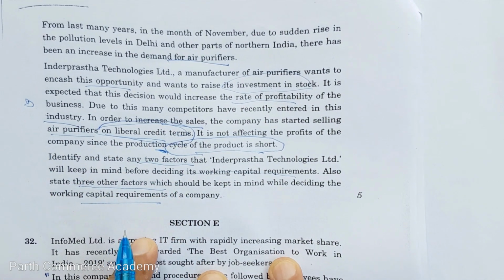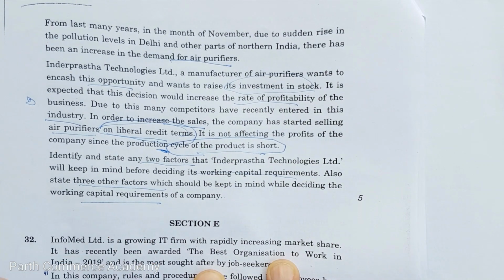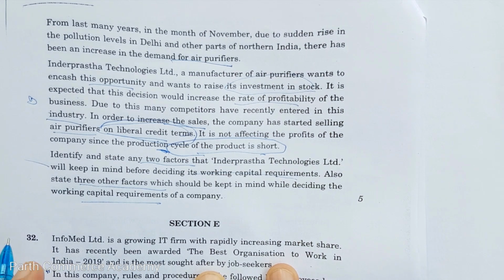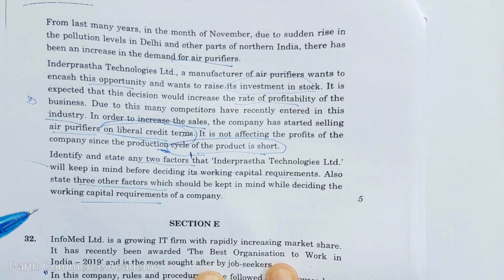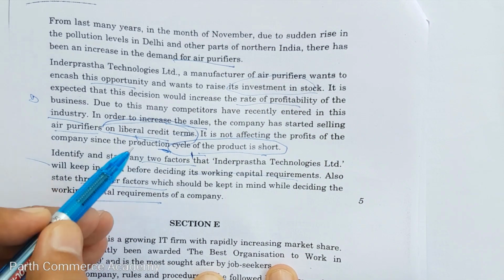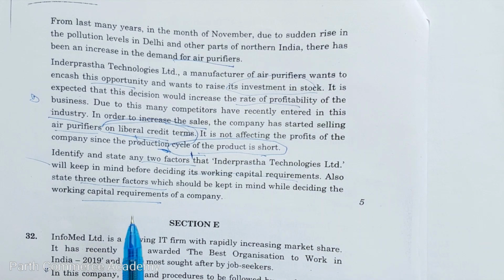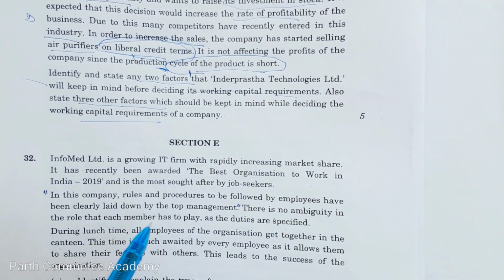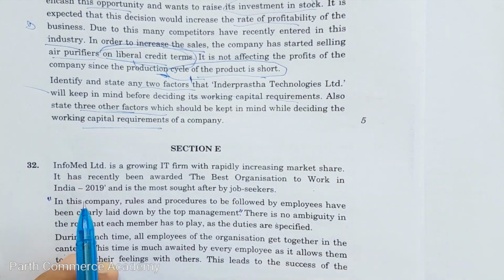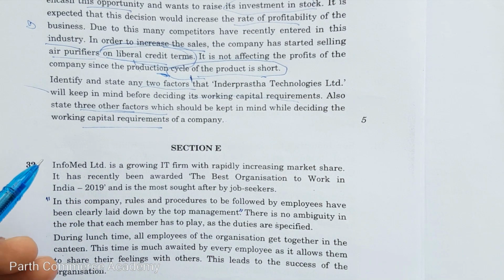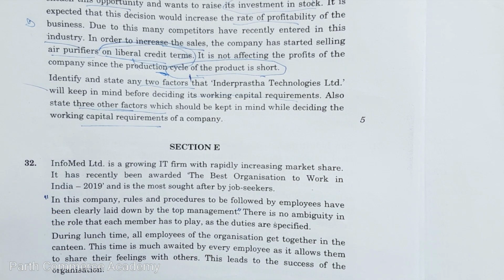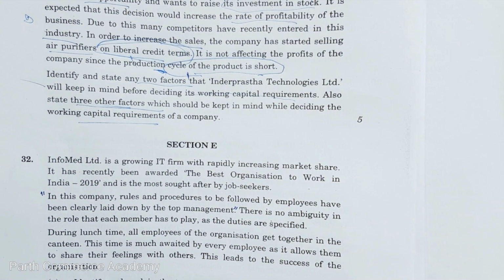So these 2 factors are discussed in the case study, and you have to explain them here. When the production cycle is short, your working capital requirement will be less, and in the case of liberal credit policy, your working capital requirement will be more. And for the other 3 factors, you can mention business cycle, scale of operation, growth prospects, level of competition, inflation. Many points are there which you can explain.